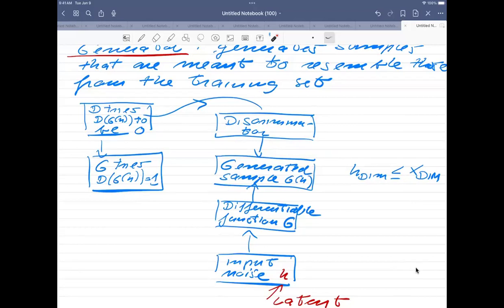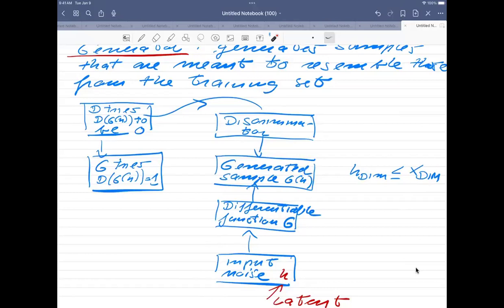But the thing is that in this specific case, what we need now is to define an underlying function which defines this latent space and produces the input to the discriminator, and similarly the input to this differentiable function G, which we have here. Now, the way we train these networks is as a game of two adversaries, and the generator is learning to generate good enough fake samples, while the discriminator is working hard to discriminate between real and fake.